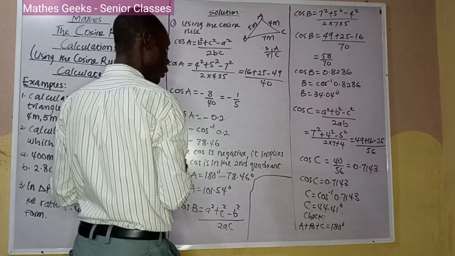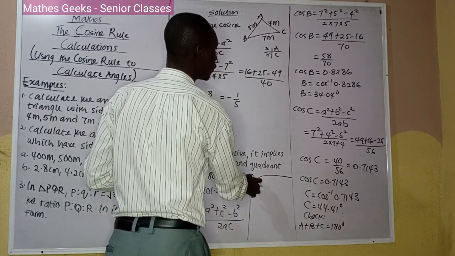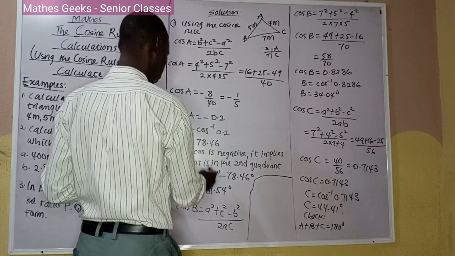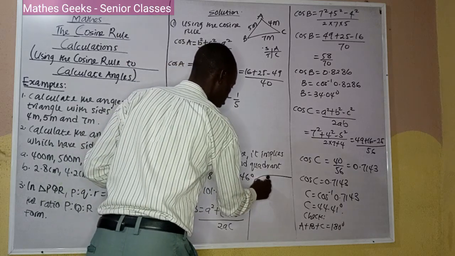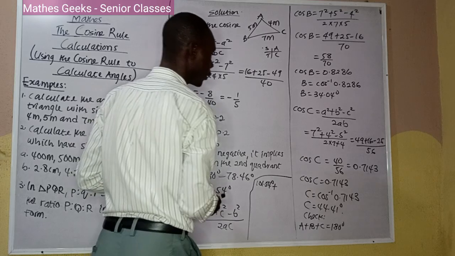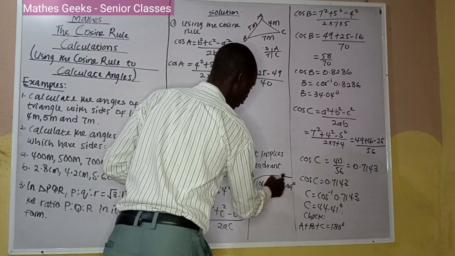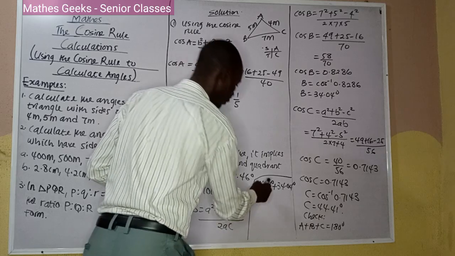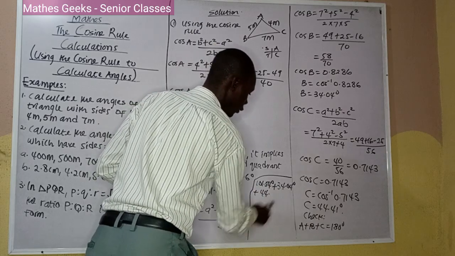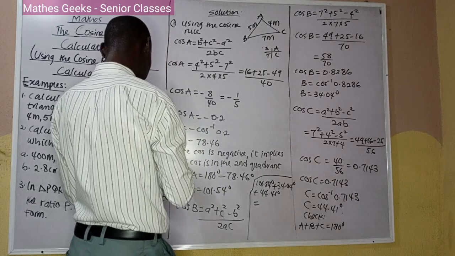Angle A is 101.54 degrees, plus angle B, 34.04 degrees, plus angle C, 44.41 degrees.